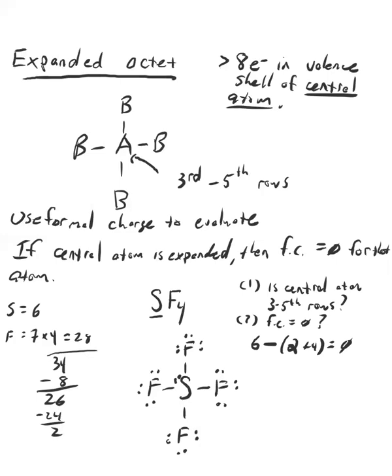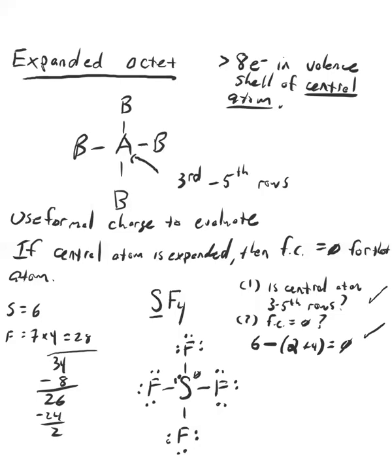Hey, look, the formal charge of sulfur is 0. If the central atom is 3rd to 5th row, and then expanded octet gives it a formal charge of 0, you pretty much got it. It's got to be right. If we'd ended up with a formal charge of -1, then we would have a problem. But it came out to 0, so that means it's pretty good.